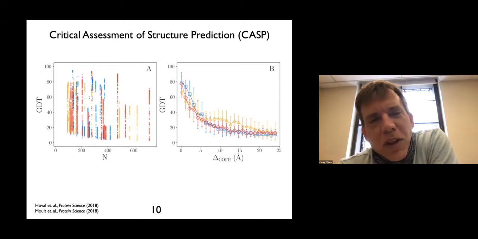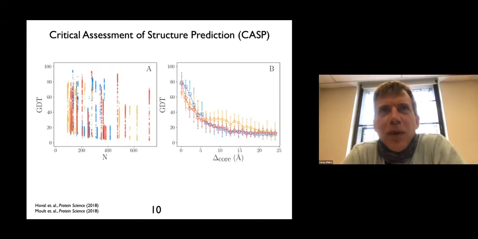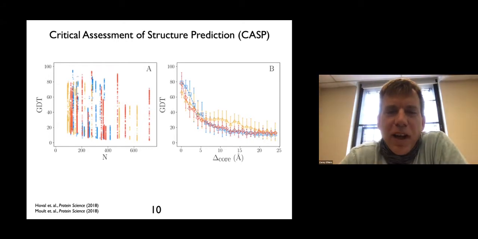Now, there was a lot of hubbub or news related to AlphaFold. I can talk about it more, but basically AlphaFold was able to get really high scores, between 80 and 90 on some of its targets, but it wasn't able to do that on all of the targets.